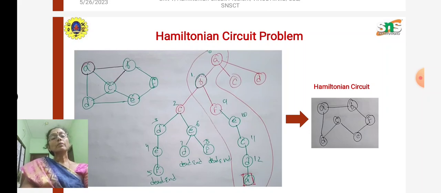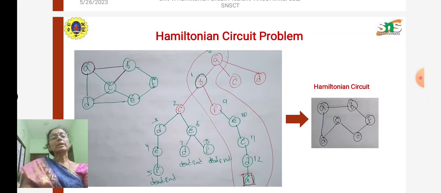So we have to backtrack along the same path. After backtracking, we go to the edge E, and find the adjacents of E from C to E. The adjacents of E are D and F. D is also a dead end and F is also a dead end.